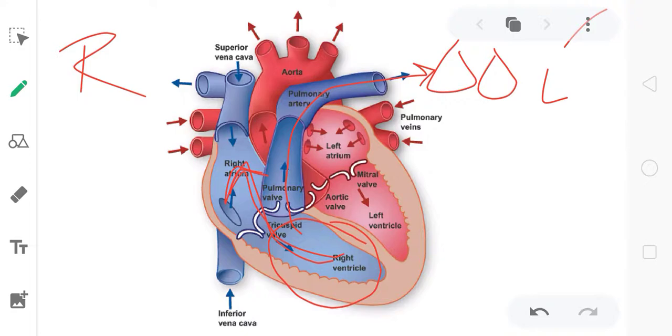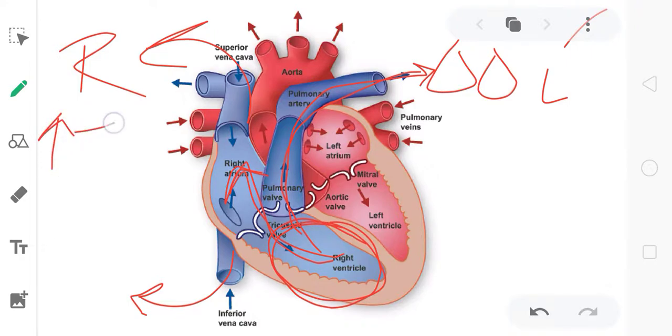So the backflow of the blood and the less contraction of the right ventricle, the failure of the blood to go to the lungs, will cause the systemic circulation to be congested. It will lead to increased JVP, jugular venous pressure, and peripheral edema due to the congestion of systemic circulation.